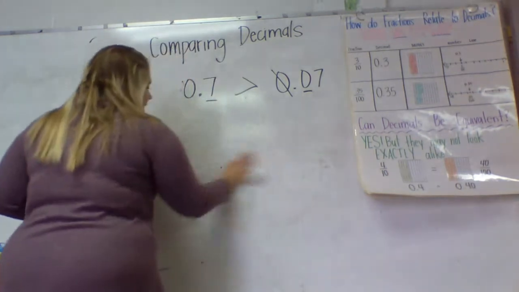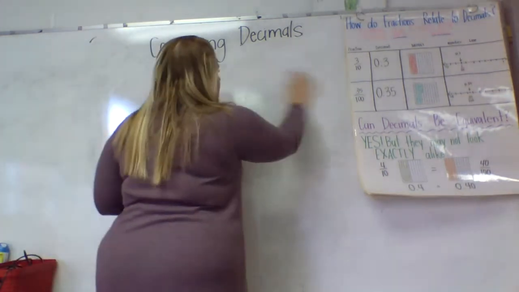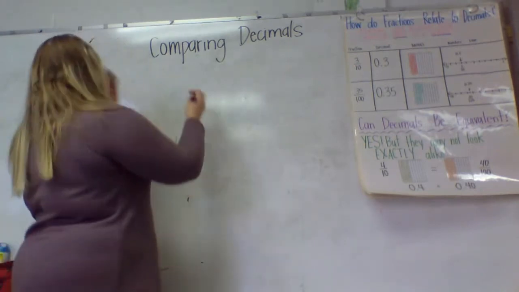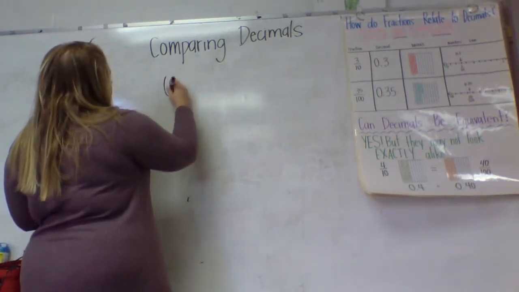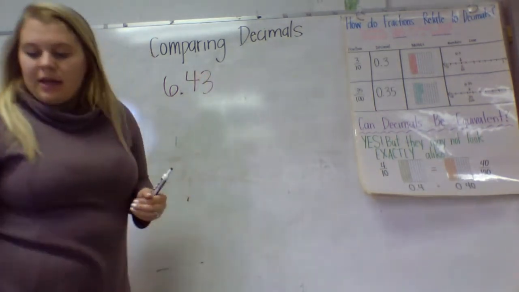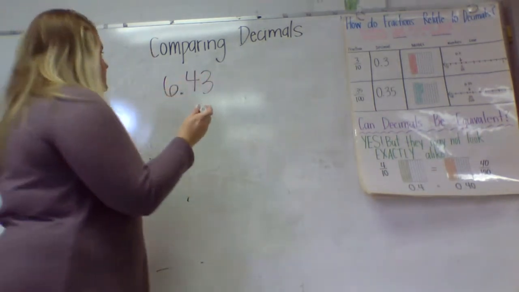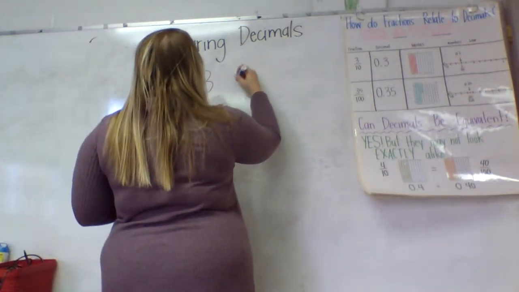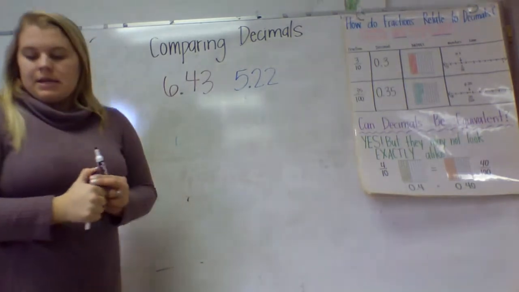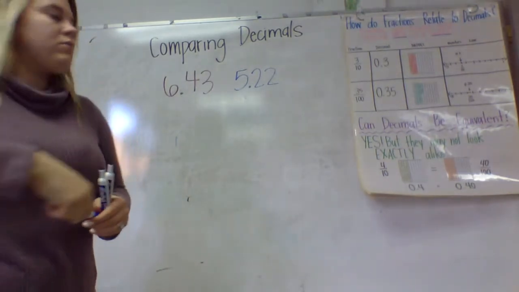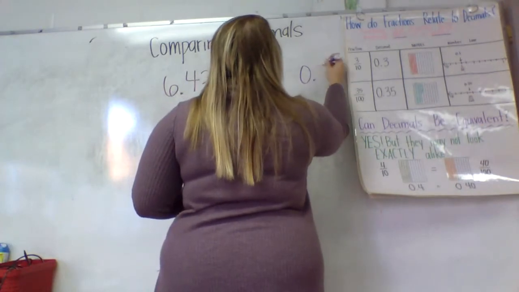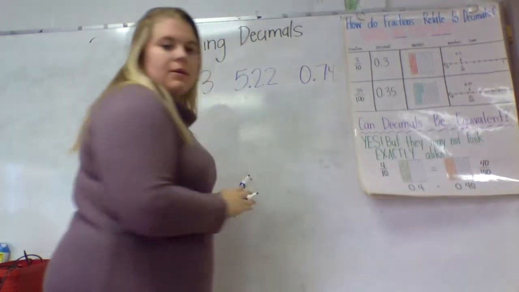When you start getting big, long lists of decimals, so if I give you 6 and 43/100, and then I give you 5 and 22/100, I give you 74/100.